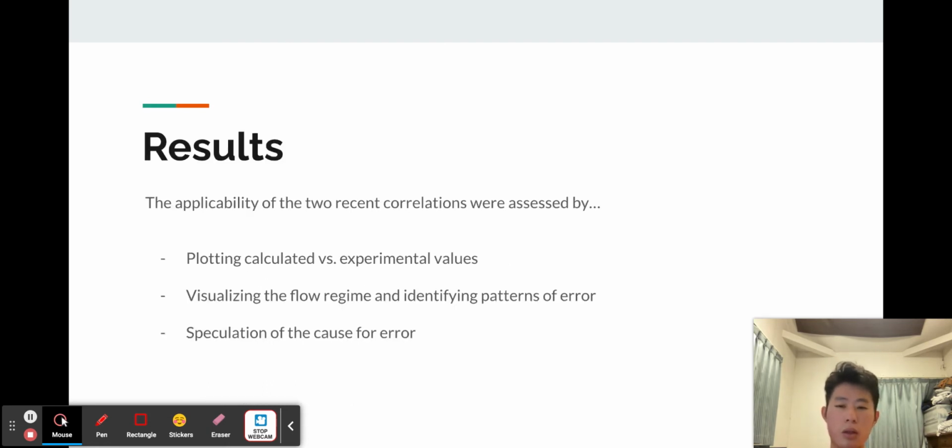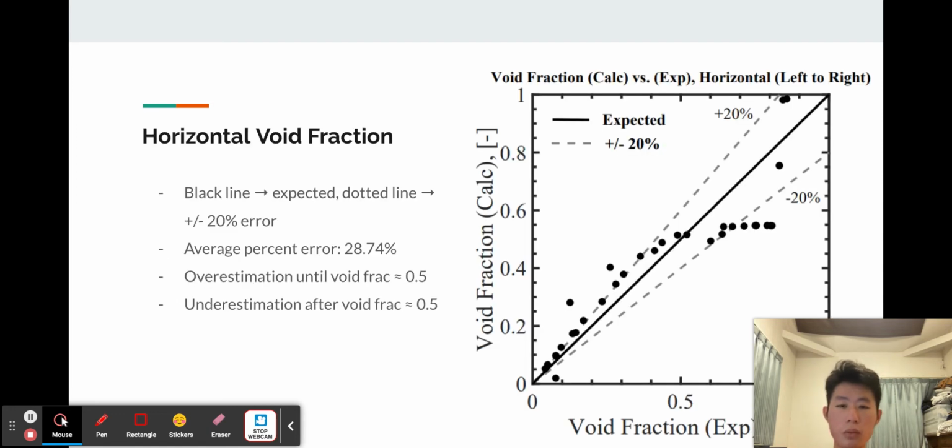So the results were basically assessed using three methods. First, plotting calculated versus experimental values, then visualizing the flow regime and identifying patterns of error, and trying to find out what the cause for error was. Here is the void fraction calculation for this experimental graph on the right.